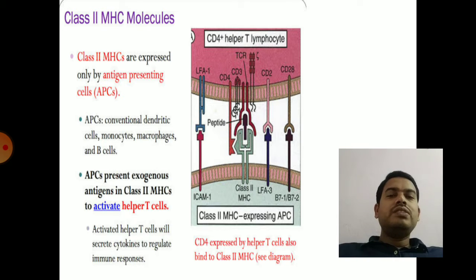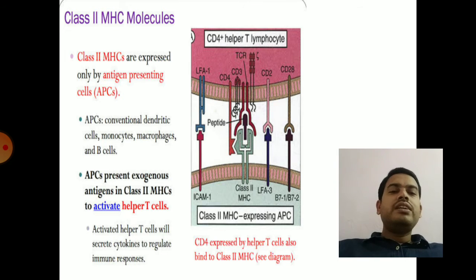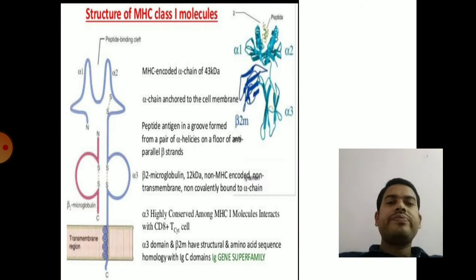So this is how MHC class 1 containing cells present the antigen to T cytotoxic cells, and MHC class 2 molecule containing cells like antigen presenting cells present their antigen to T helper cells. So that is class 1 and class 2 MHC molecule.